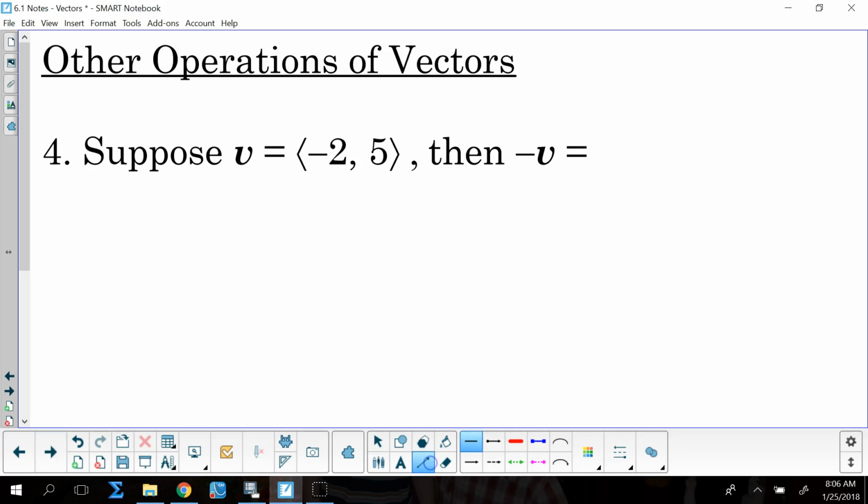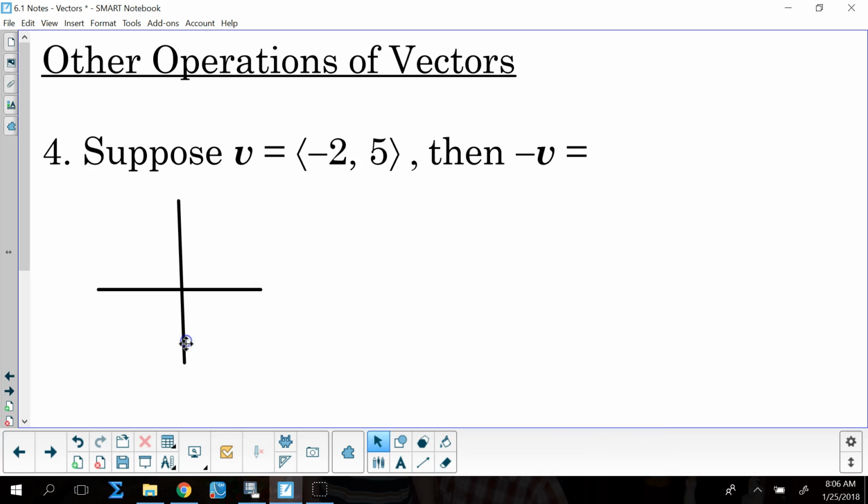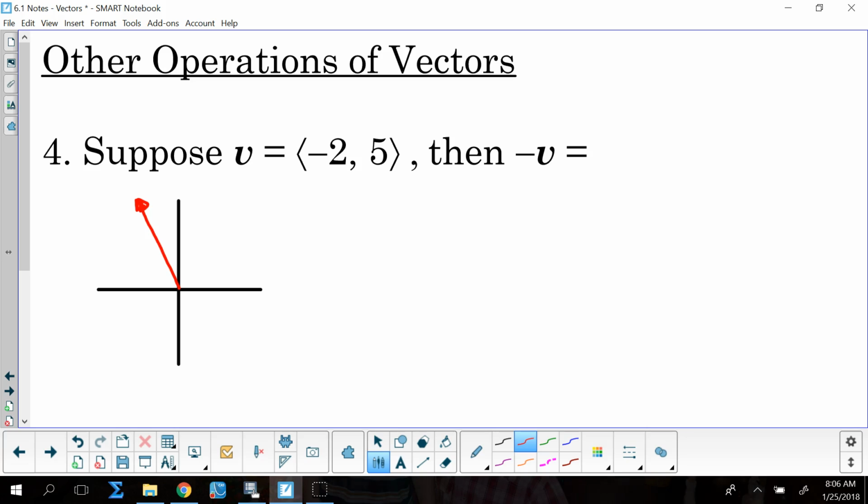That would mean that if I drew out that vector, it would be somewhere up here, correct? So that vector is going up and to the left, right? That's where all that force is going.